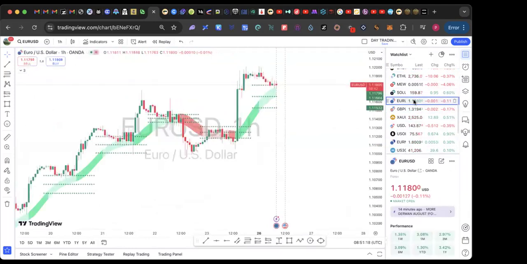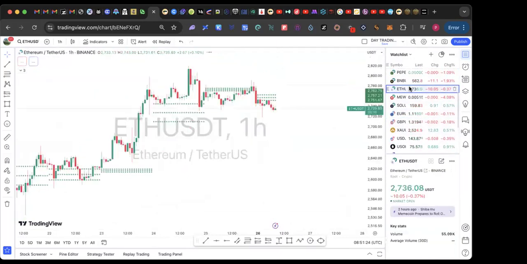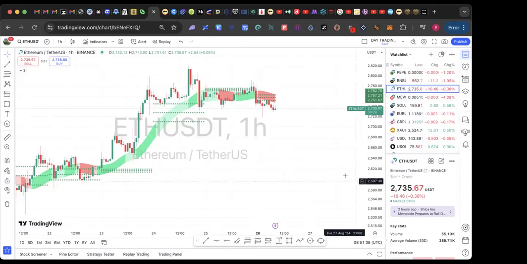Euro USD, I just want to use something to experiment for us. Ethereum. Okay, so let me use Ethereum to experiment a little. Coming to this point, or this point, we have a fair value gap here.